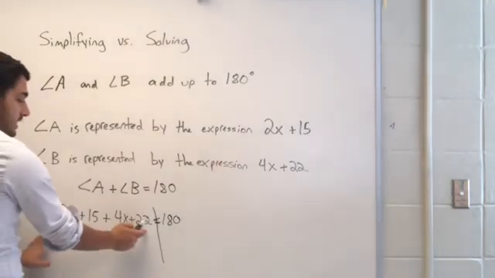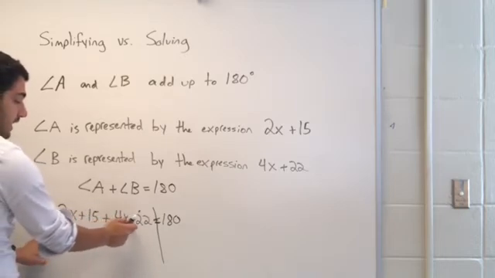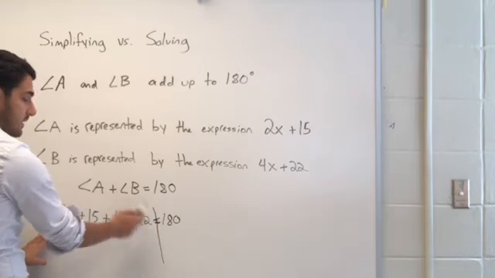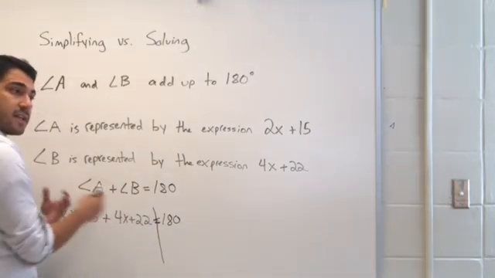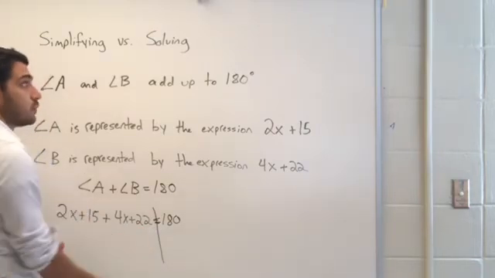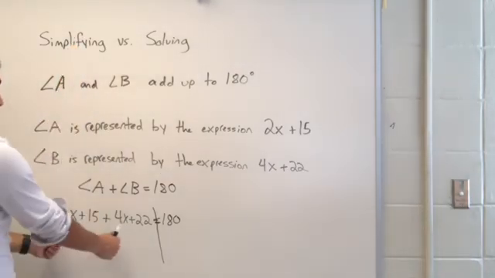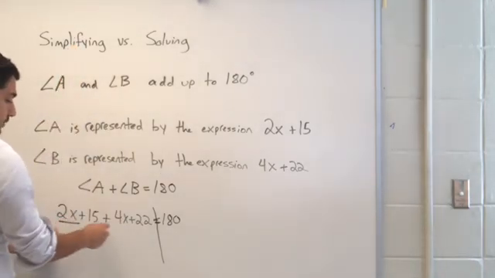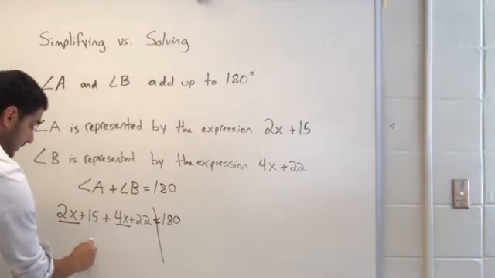So if I look at this expression, 2x plus 15 plus 4x plus 22, I can simplify this by combining like terms. Because they are on the same side of the equal sign, it's a part of an expression, which means all we can do is simplify. If I look, I have the terms 2x and 4x, which I can combine to become 6x.